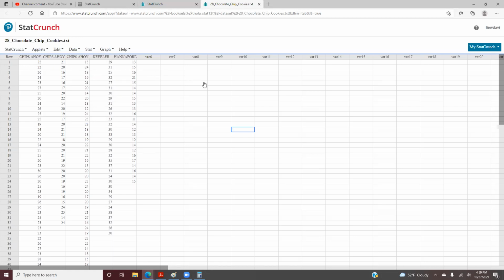What the author did is he takes a cookie, let's say Chips Ahoy, opens up the package, takes out the cookie, crumbles it, and counts how many chocolate chips are inside. The first cookie, he took it out and crumbled it and found there are 22 chocolate chips inside this Chips Ahoy cookie. And then he takes another new cookie, crumbles it, and repeats this.